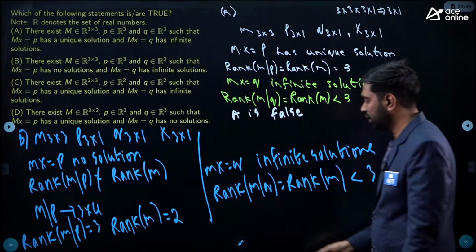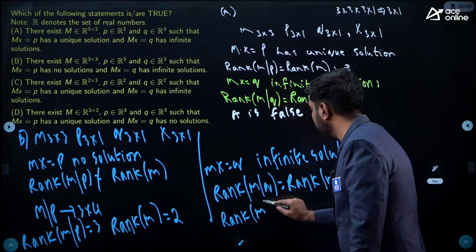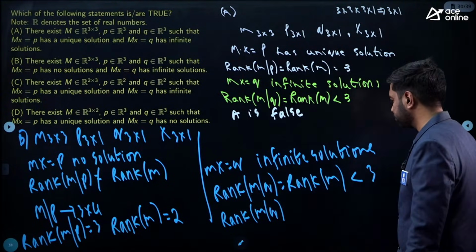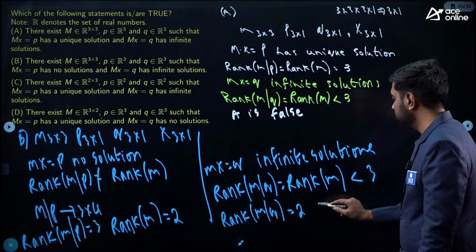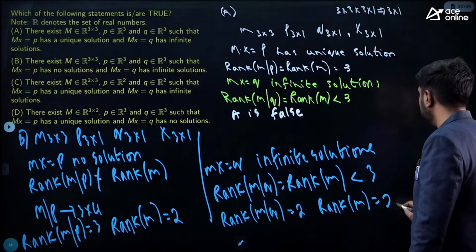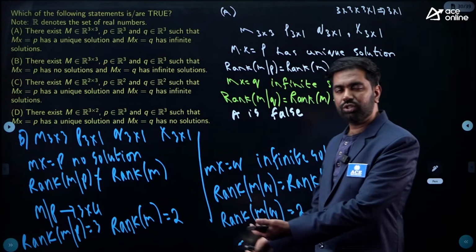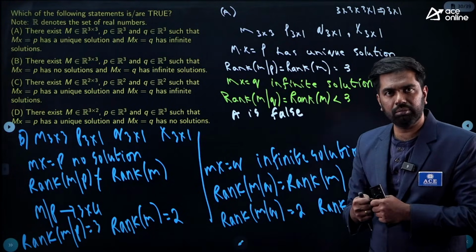Is it possible? Yes, it is possible. I'll tell you. We can have rank of [M|Q] to be 2 and rank of M also to be 2.